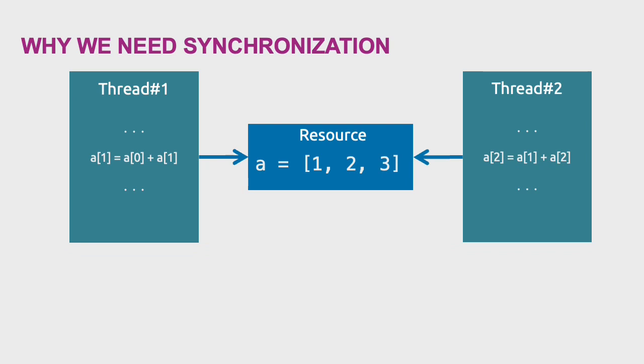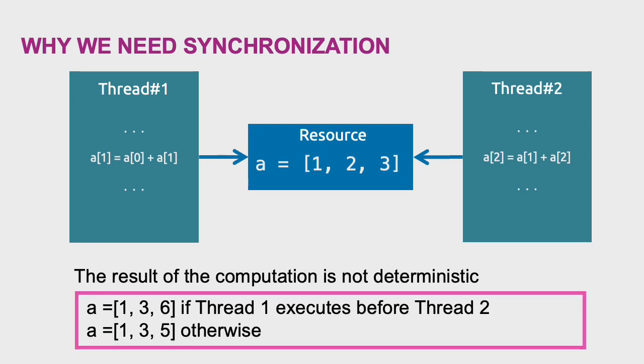And yes, they can interrupt each other. So some operation can be interrupted. They operate at the same time, maybe in a parallel way. And so it is very difficult to tell what's actually going to happen. And the result of the computation is therefore not deterministic.